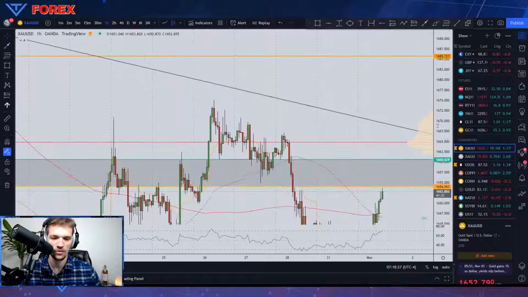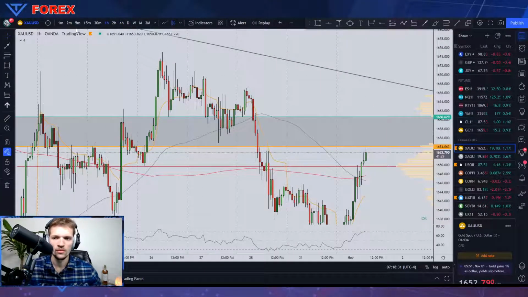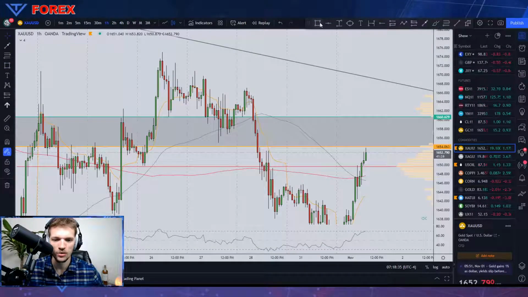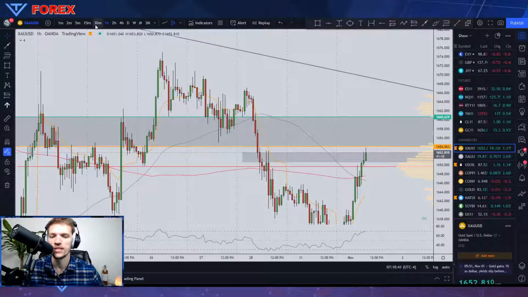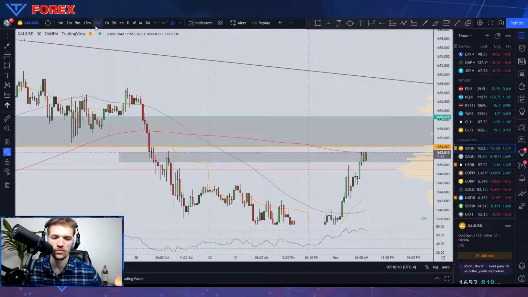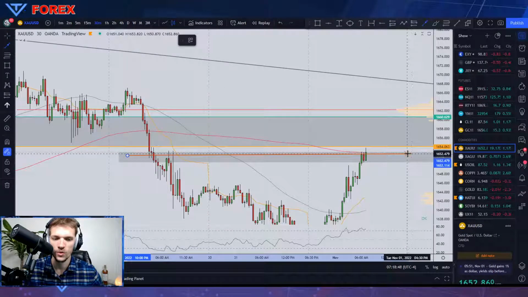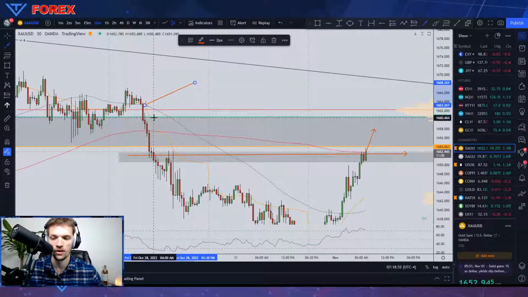Looking at the 1-hour, the main area that I guess we're near that we need to keep an eye on is this wick rejection right in here. And so this hourly right now is going to really tell us a story. This 30-minute is: do we close above this wick area and push into this zone, filling some of this move from Friday?